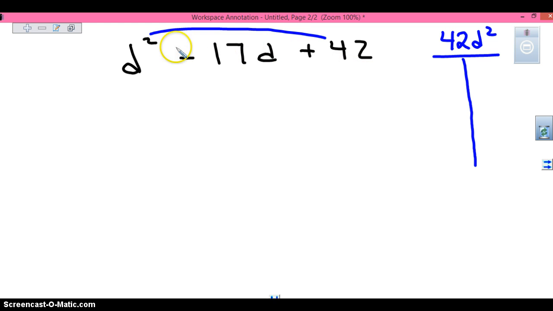Because this second term is negative, we're going to use factors that are both negative. So we're going to say negative 1d and negative 42d. If we multiply these, does it still equal positive 42d squared? Yes. We can say negative 2d and negative 21d.